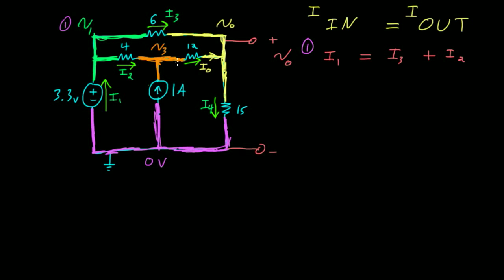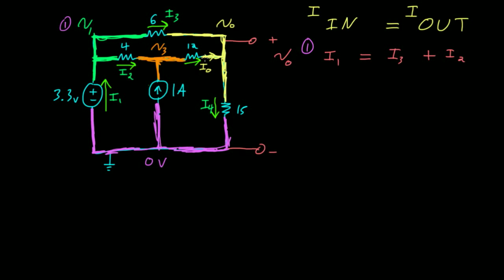One thing I want to mention: in tutoring people, I've noticed that if I ask someone to write down the currents that flow into the node and the currents that flow out of it, sometimes people want to say, well, I0 flows out. And you can kind of say that, because the current that flows here can't go down here, it has to flow in this direction.